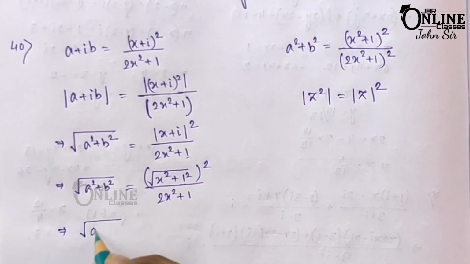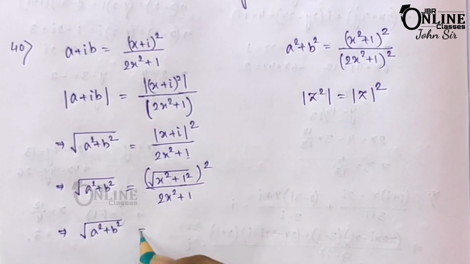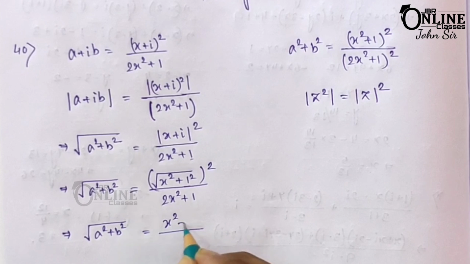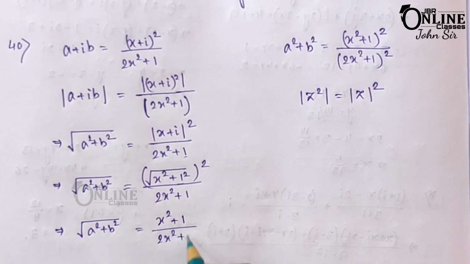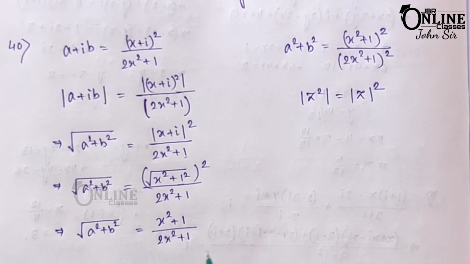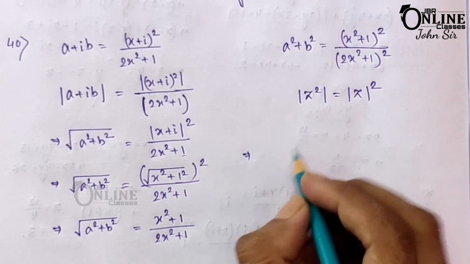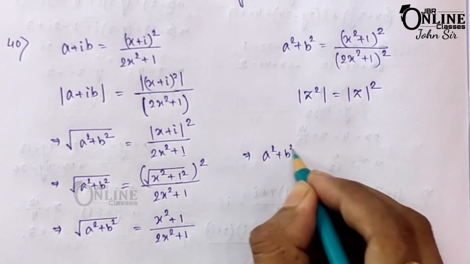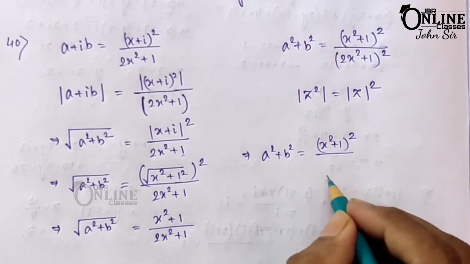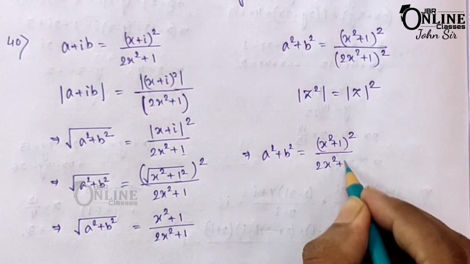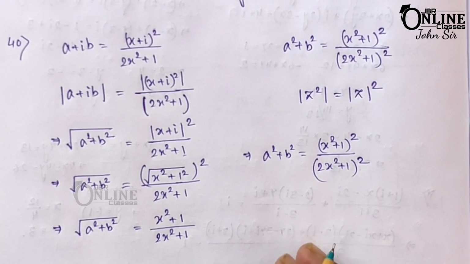So on the left hand side you have root over a square plus b square, on the right hand side in the upper part you have x square plus 1, and in the denominator you have 2x square plus 1. Okay, now if you square both sides, then you will get a square plus b square equals x square plus 1 whole square over 2x square plus 1 whole square, and it's proved.